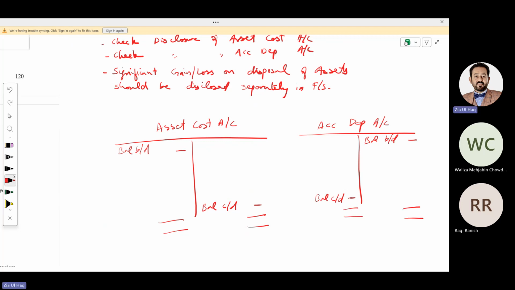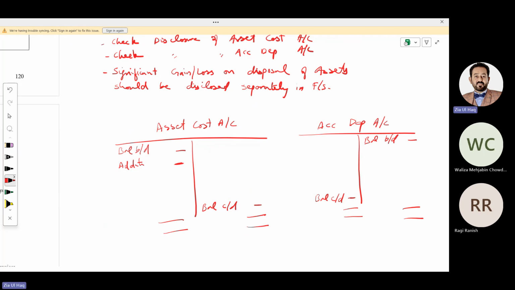If we have bought any asset during the year, asset debit, cash credit, this means the addition will be here. If we have charged any depreciation to the profit and loss account during the year, where depreciation is recorded in the profit and loss account as an expense, is expense nature debit or credit?